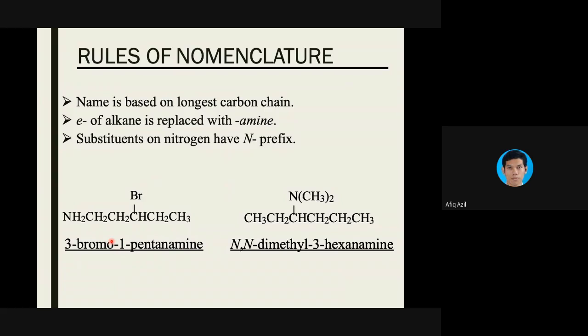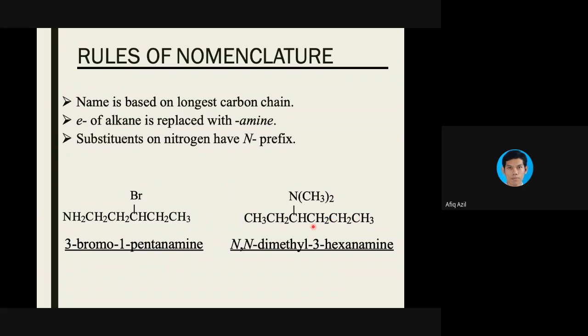And then for the second structure, this nitrogen, you have to count on which carbon it is directly bonded in the longest chain. So this is tertiary. You have two CH3 bonded to this nitrogen, while for this one you have 1, 2, 3, 4, 5, 6.